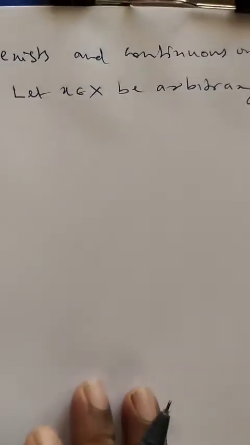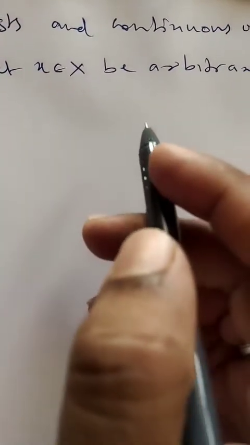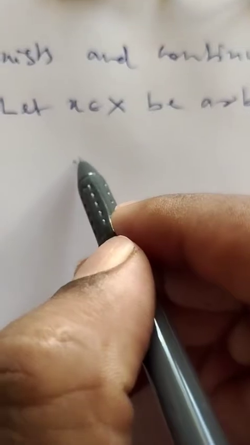The domain of definition is T of X. Let x belongs to X be arbitrary. Since T inverse exists, there exists y belongs to T of X such that T inverse of y is x.